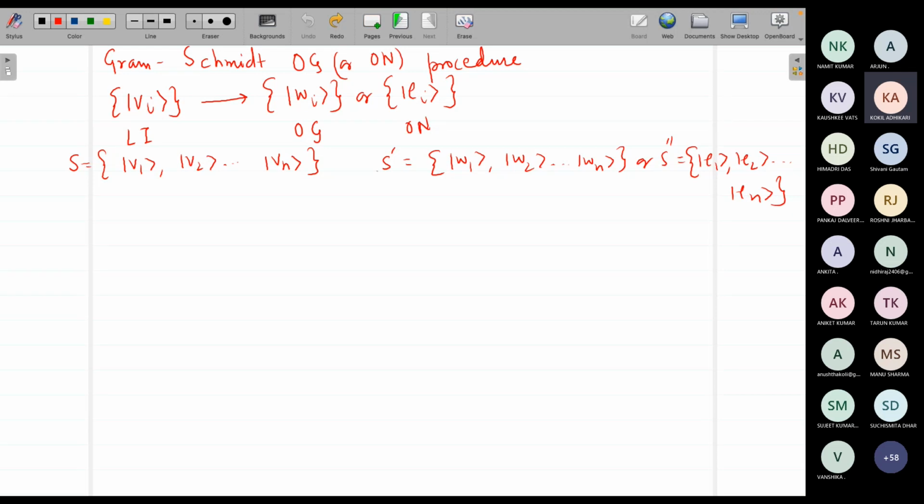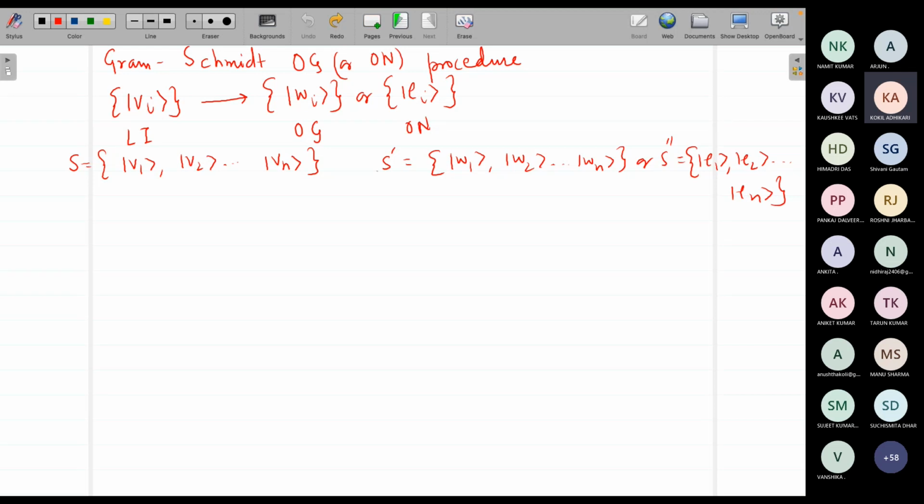Now we are into the procedure that any set of linearly independent vectors can be converted to orthogonal or orthonormal vectors using the projection technique, which we tried to understand in our previous class: there is a projection of the vector onto a plane, and there is an orthogonal component of that vector to that plane. We will utilize that.